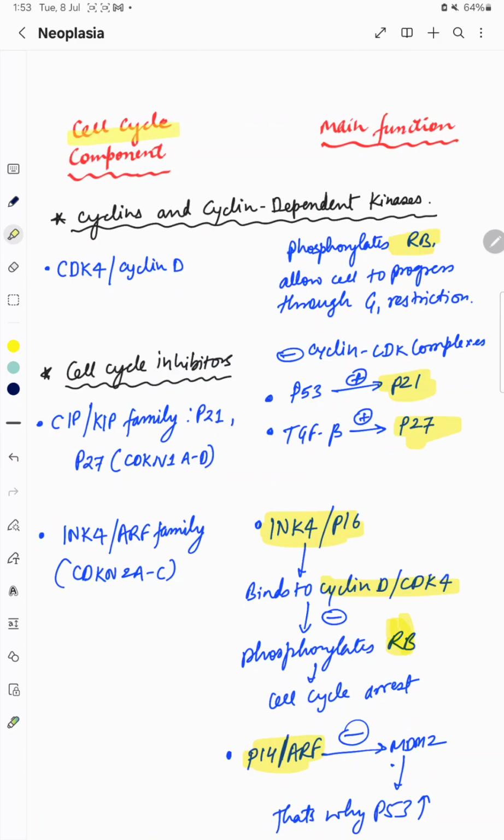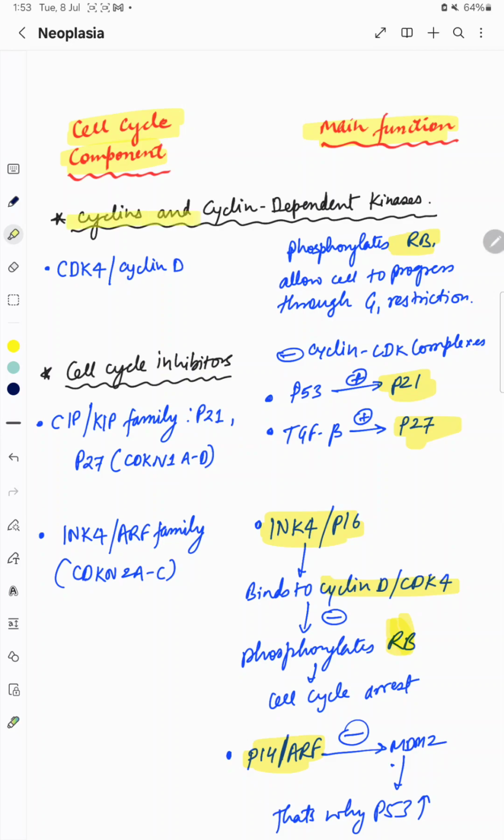There are some cell cycle components and their functions we will see. There are two types of main factors that we are going to discuss: one that promotes cell proliferation and one that arrests cell proliferation.